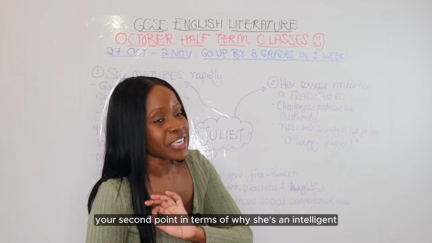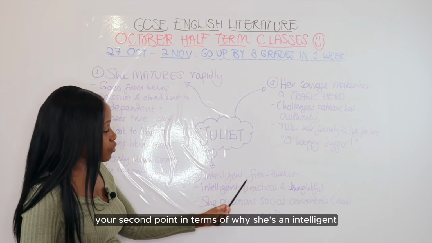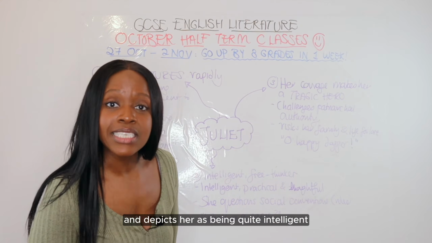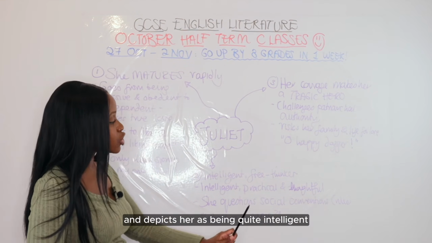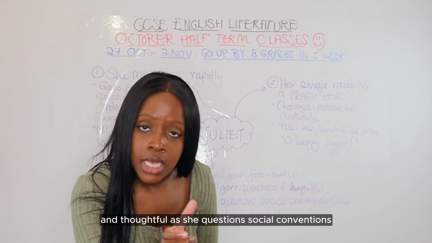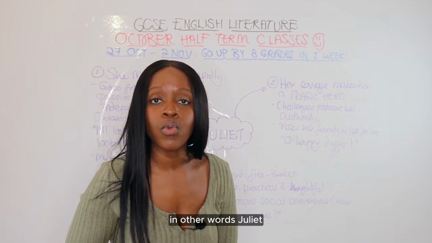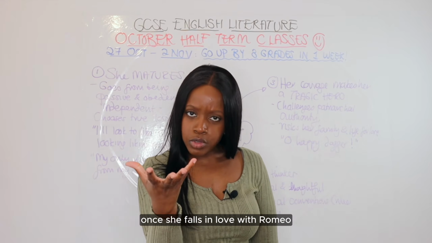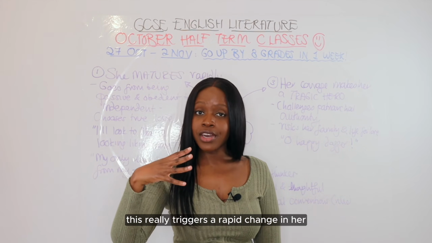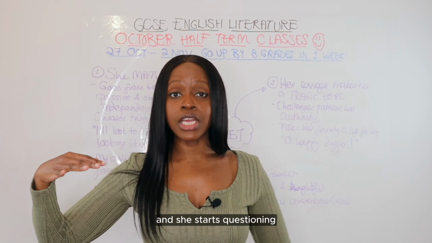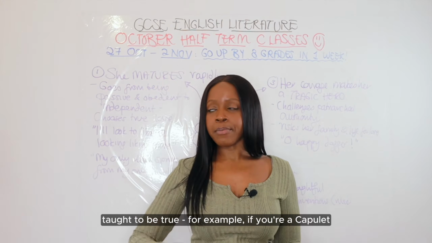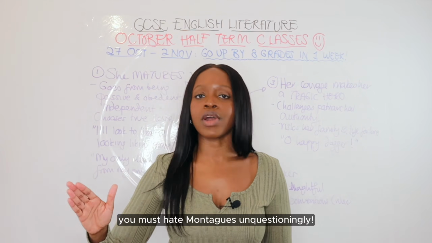Anyway, so your second point in terms of why she's an intelligent free thinker is how Shakespeare portrays and depicts her as being quite intelligent, practical, and thoughtful as she questions social conventions. In other words, Juliet, once she falls in love with Romeo, this really triggers a really rapid change in her, and she starts actually questioning all the things that she was previously taught to be true, i.e. if you're a Capulet, you must hate Montagues unquestioningly.